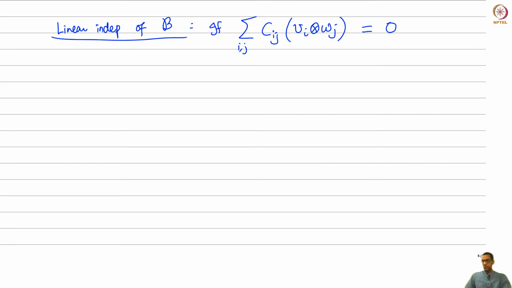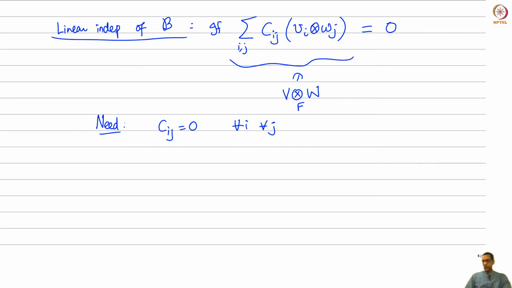Okay, now what is this? This is an element of V tensor W. So I'm saying, suppose as an element of V tensor W, this sum is 0. Then I have to show that all the Cij's are 0, right? So I need to show that Cij is 0 for all i and for all j.